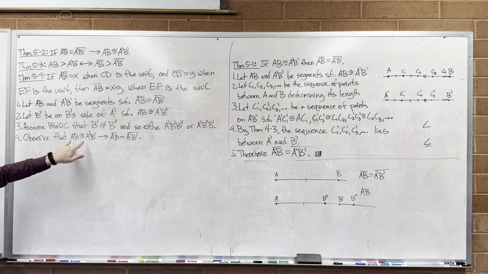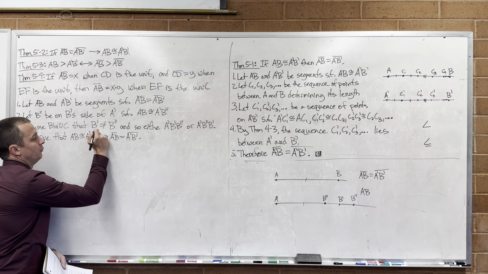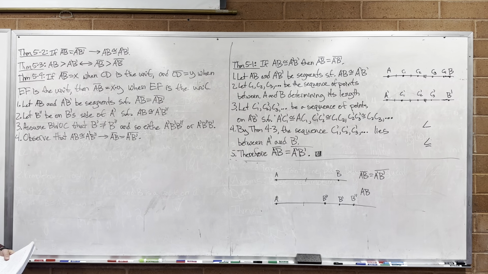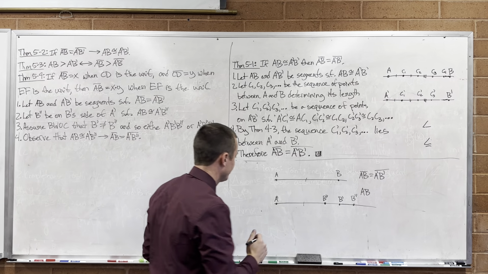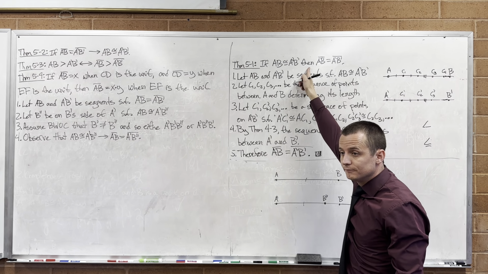So I know that since AB is congruent to A prime B double prime, then they have the same length. That's from our previous theorem.